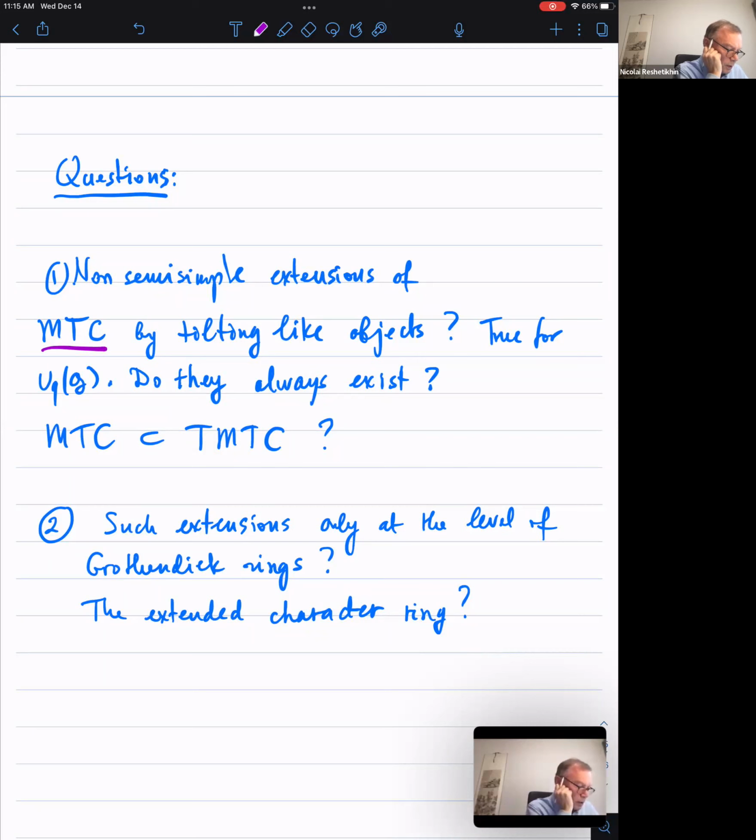So you start with it, and can you extend it by tilting-like objects? Do such extensions always exist? Well, we know it's true for U_q(g), but there are other modular tensor categories that come from subfactors, and I think this is not known in this case.